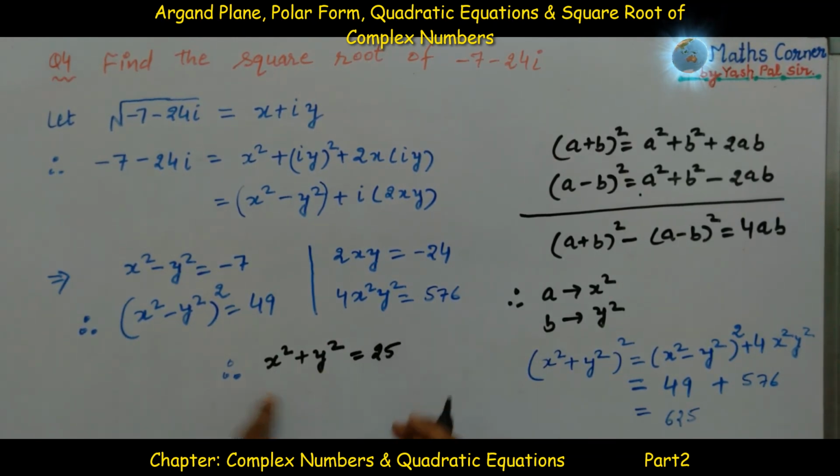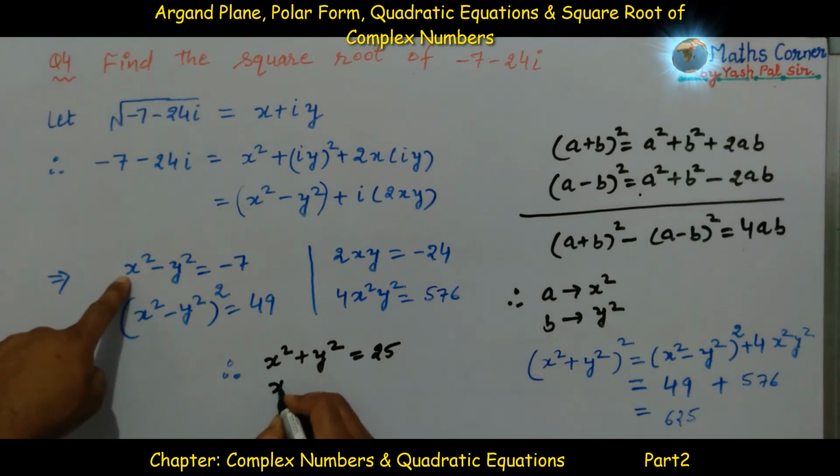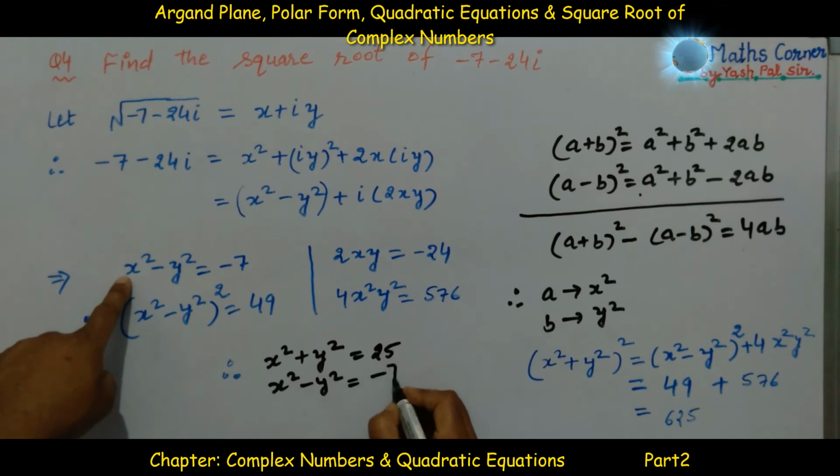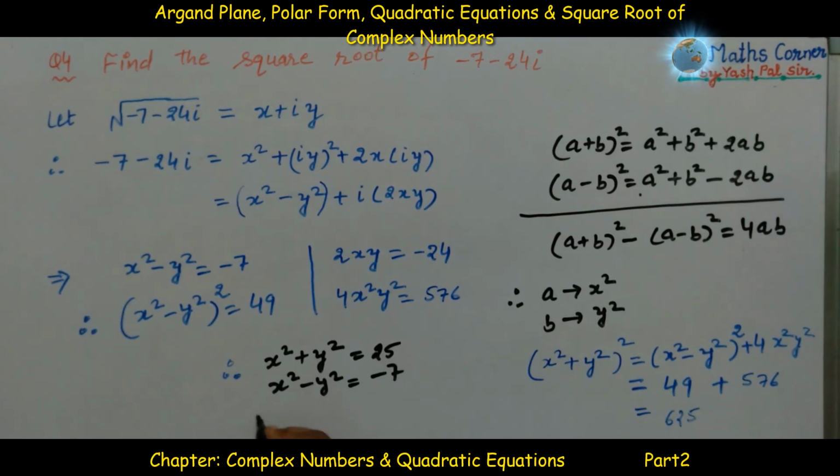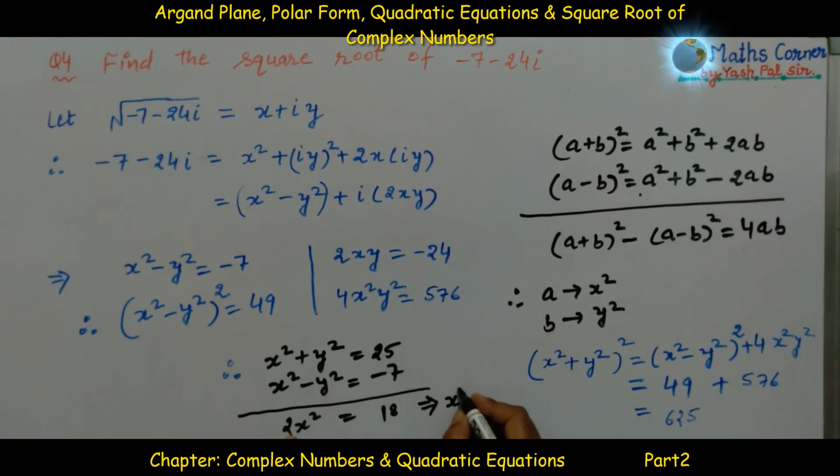Also, we know x square minus y square is equal to minus 7. Now we add these two, and this becomes 2x square equal to 18. So x square is equal to 9, and the value of x is plus minus 3.